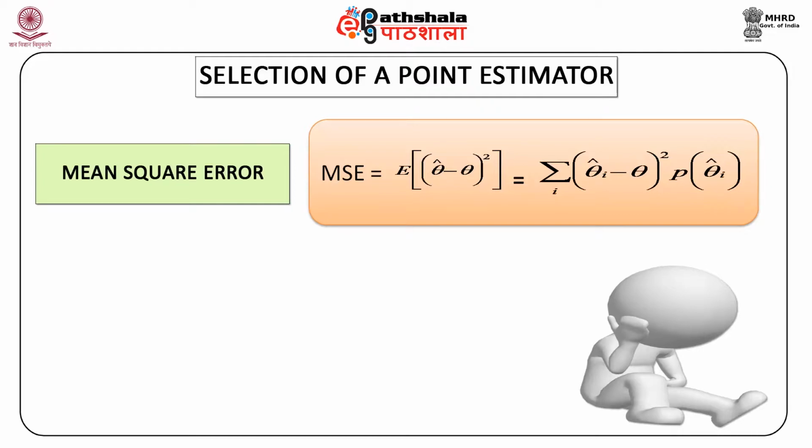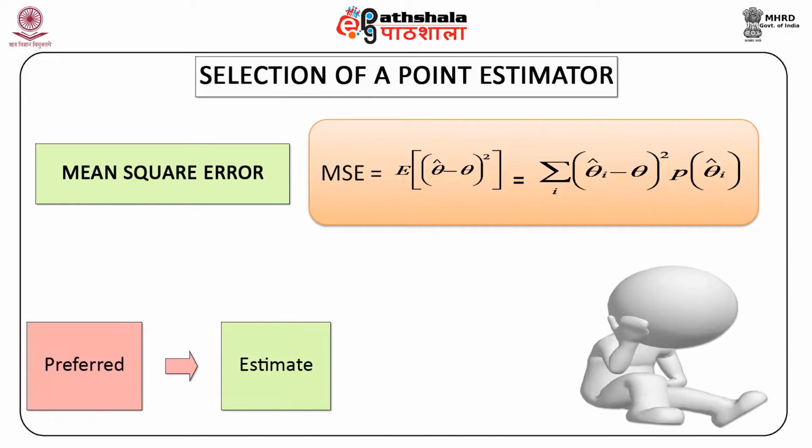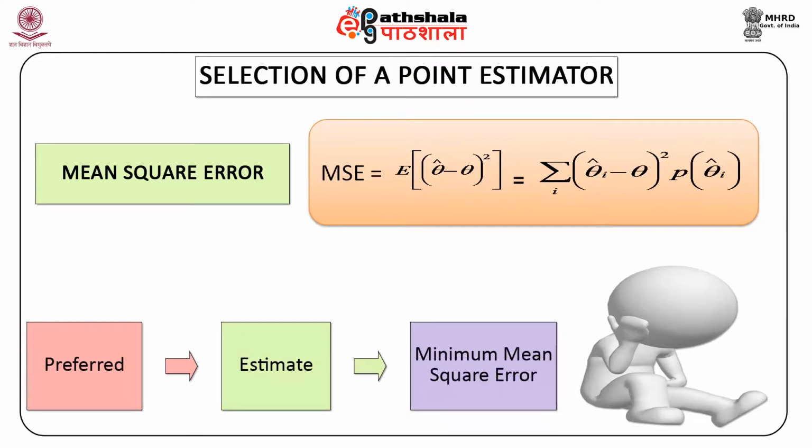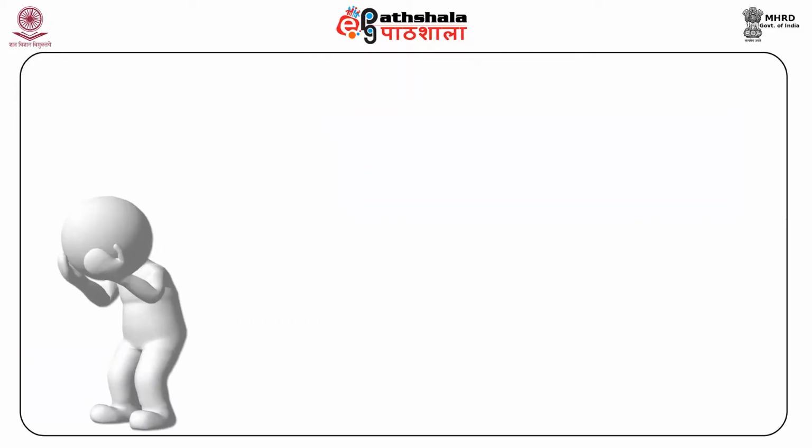It would seem that the estimator with the minimum value of MSE should be the preferred estimator, as that would provide a closer approximation to the true parameter value since it has lower total variability. The principle of minimum mean square error cannot be applied, however, for selecting the appropriate point estimator.